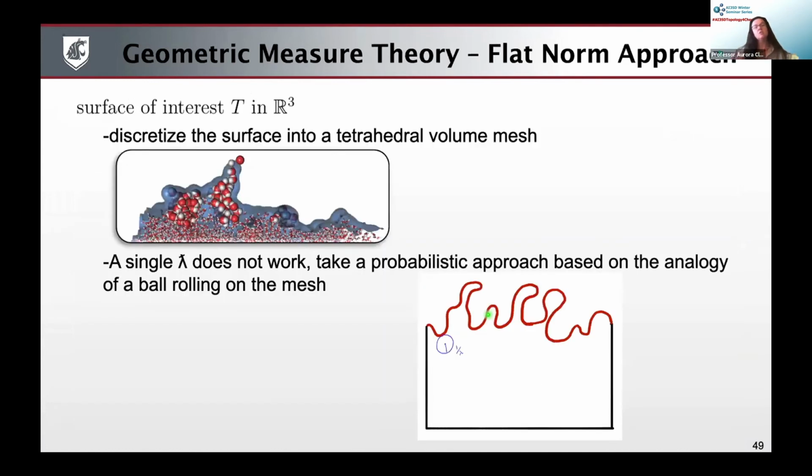Our surfaces are obviously in R3. So within our computational workflow, what do we do? We take our molecular simulation data, and the first thing we have to do is discretize the surface into a tetra volume mesh. This is an image of the water part of an oil-water interface.